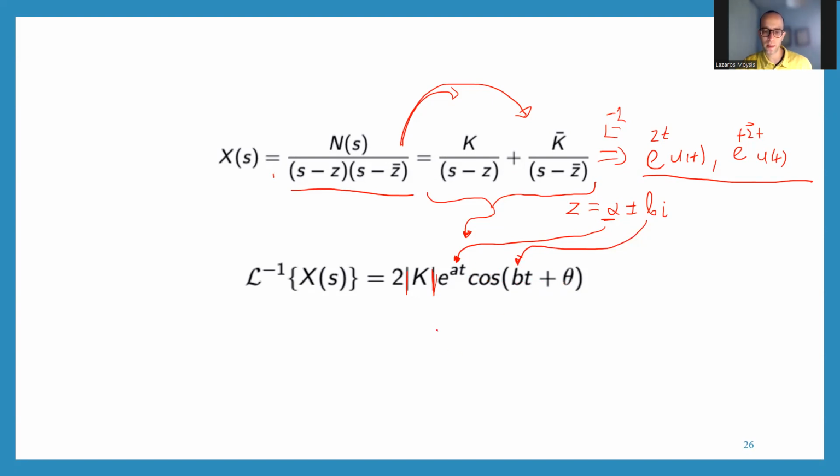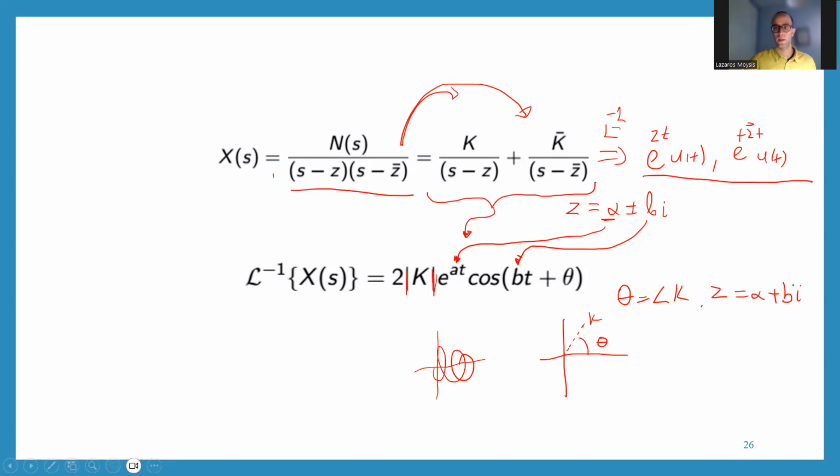And then we have theta, and theta is the angle of this complex number right here. The idea is that we consider theta for the coefficient that corresponds to the pole that has a positive imaginary part. So we see which pole that is, and we take the coefficient that corresponds to exactly this pole.